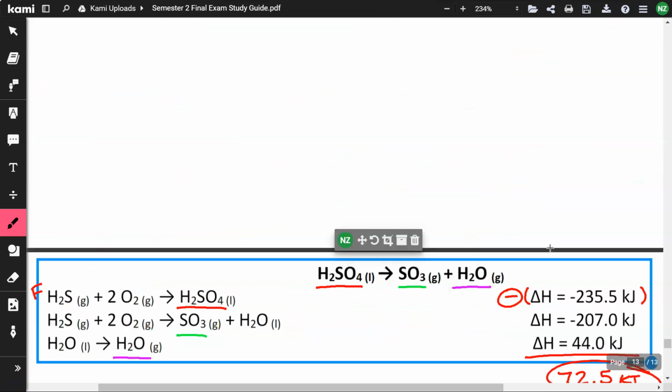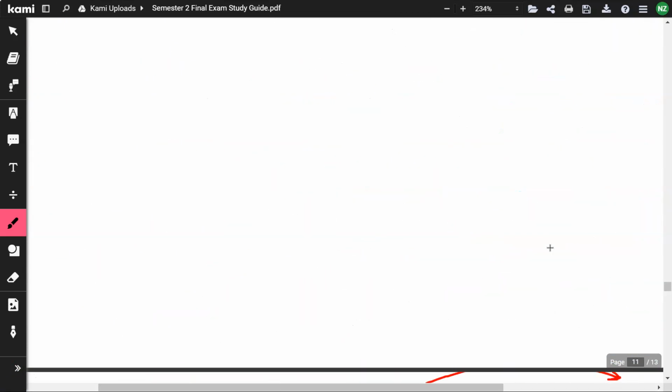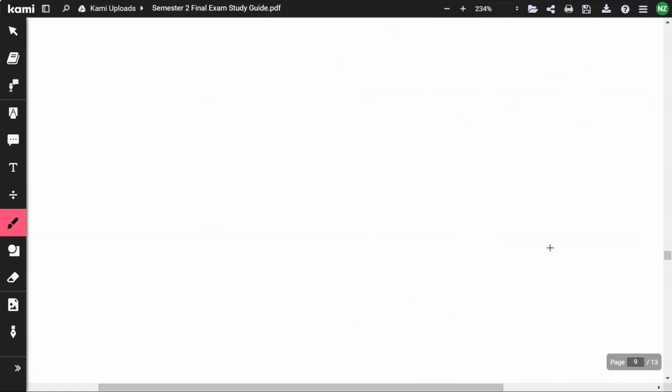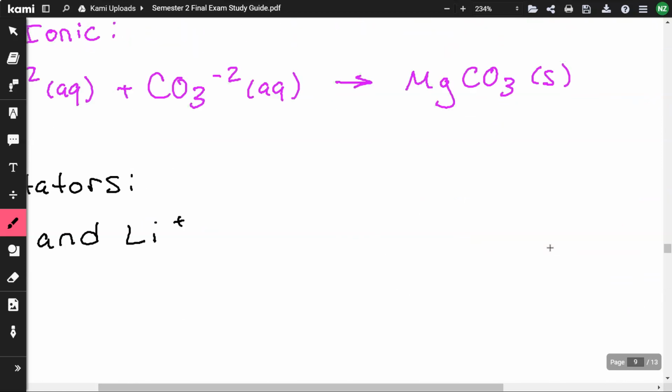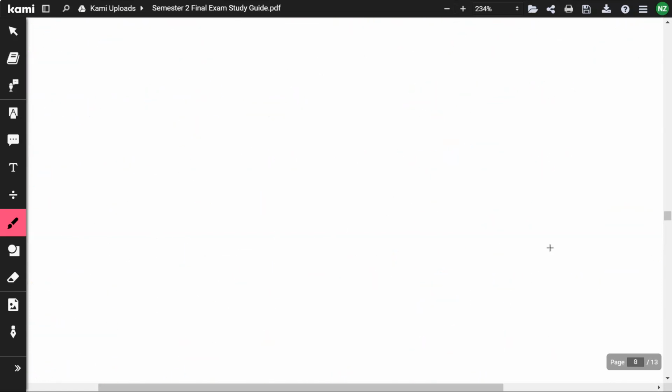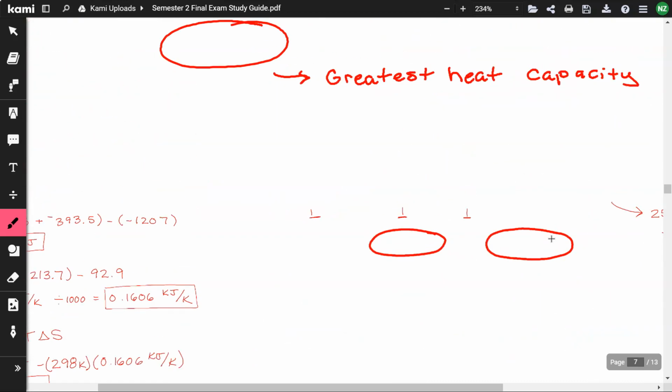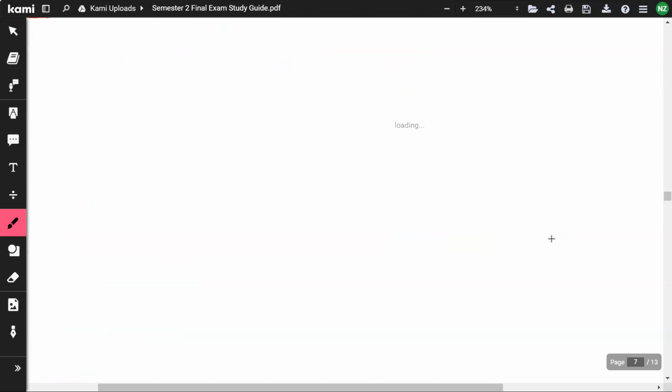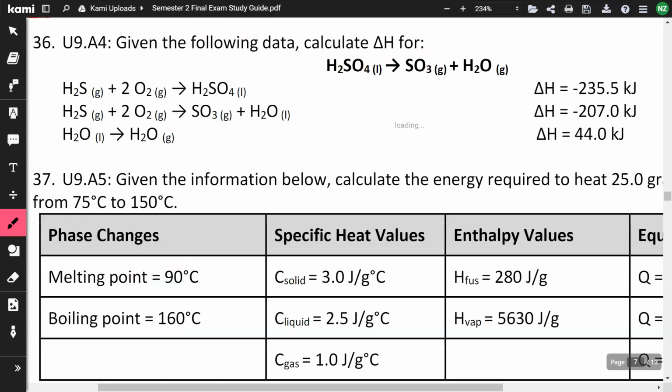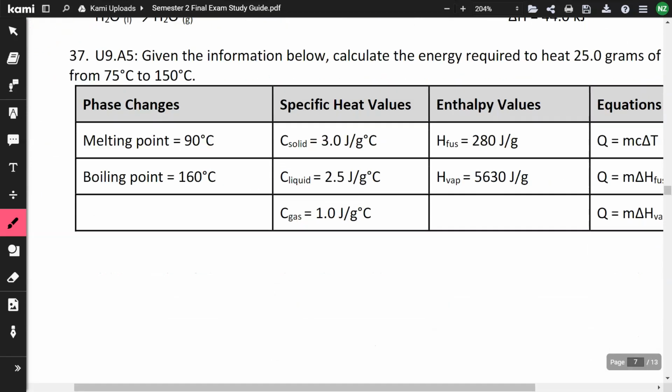All right, on the last problem, number 37. Okay.